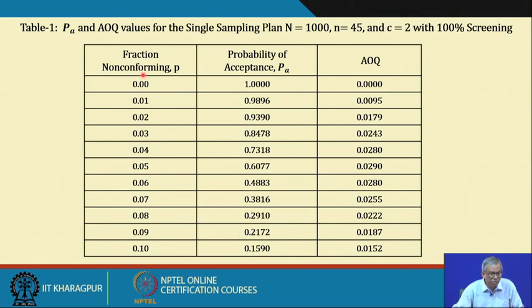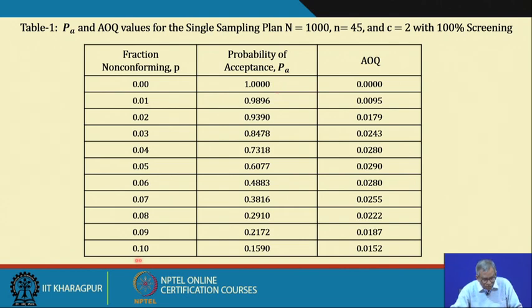Now you consider several values of p. As I have already pointed out, for p equals 0.00, that means the best possible quality, with no non-conforming units in the lot, that is the incoming lot quality, obviously the probability of acceptance will be 1, right?